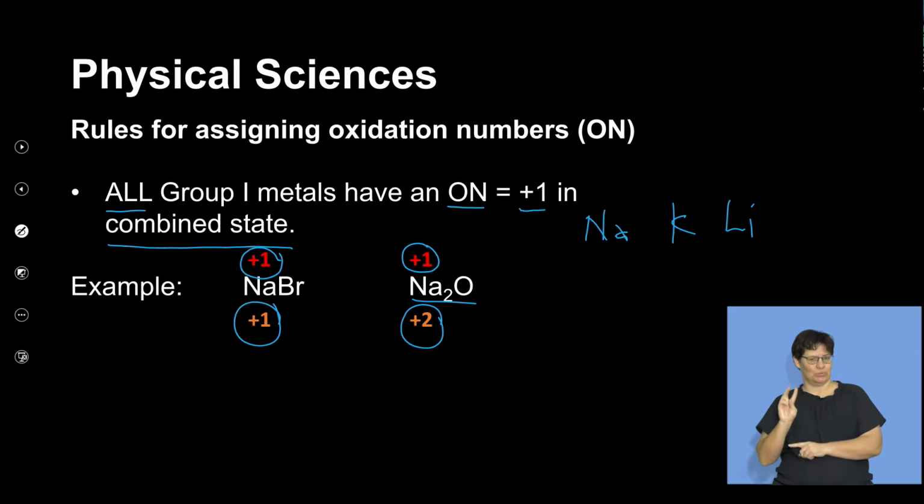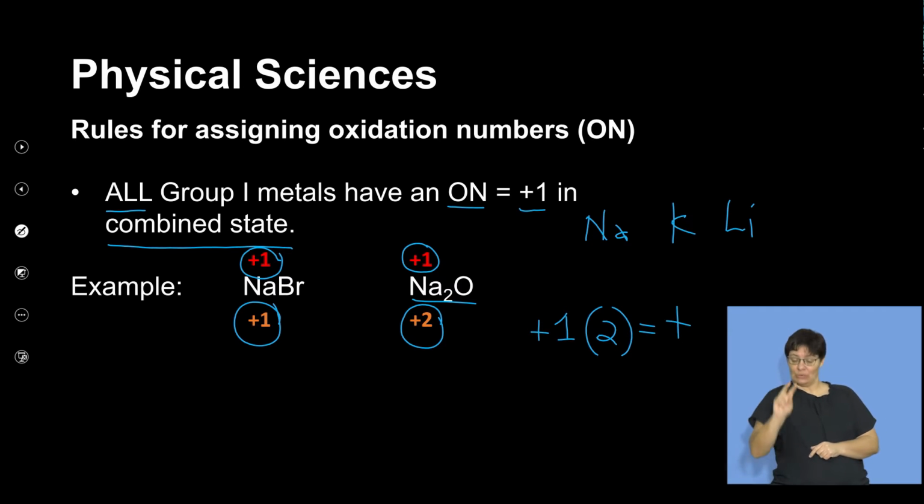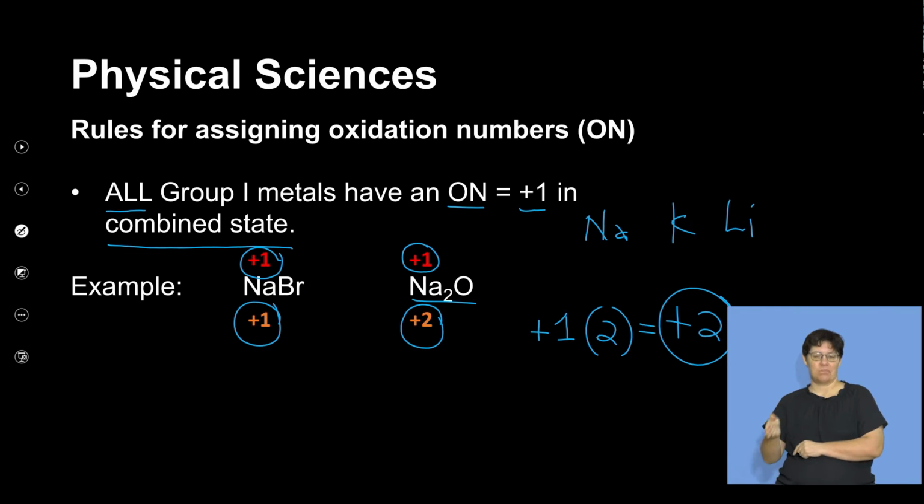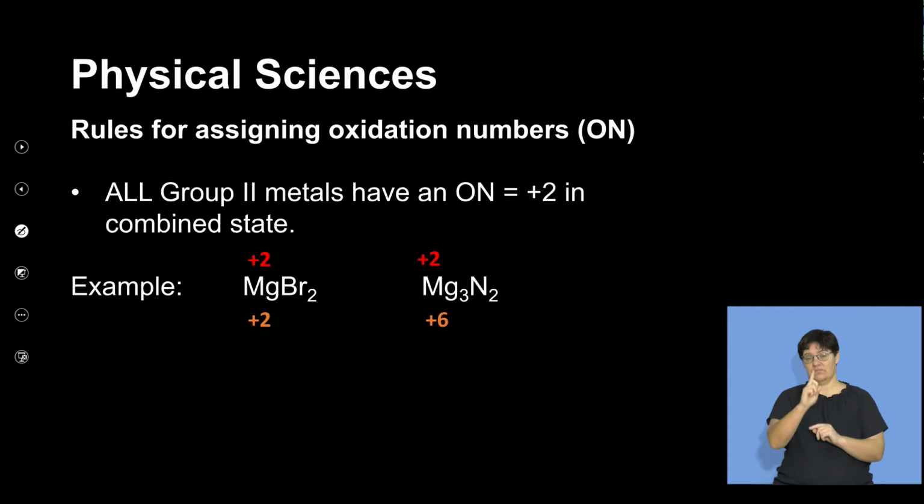What we are saying is that there are 2 sodium atoms in this combined state, so if the unit is +1 and there are 2 of them, the total is +2. That's how we obtain this +2. The unit oxidation number of any group 1 metal is +1. That's clear enough.